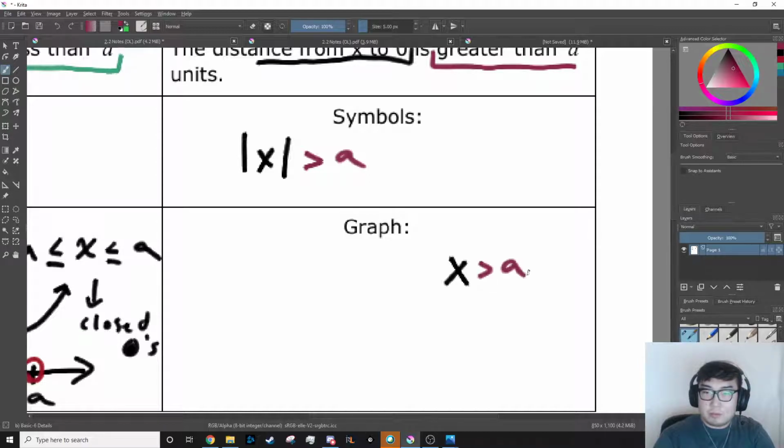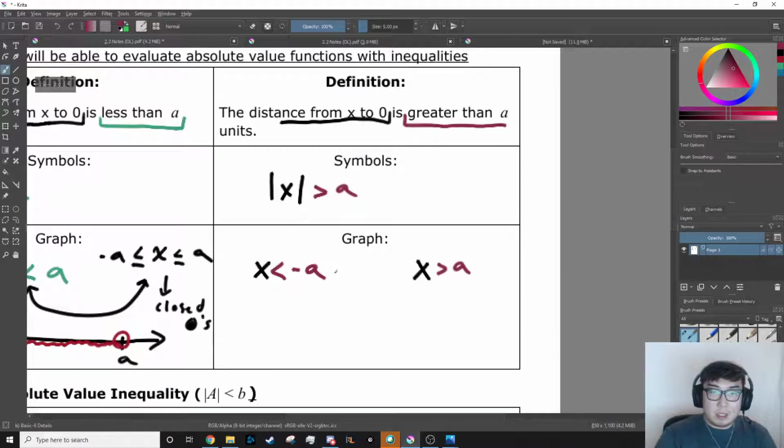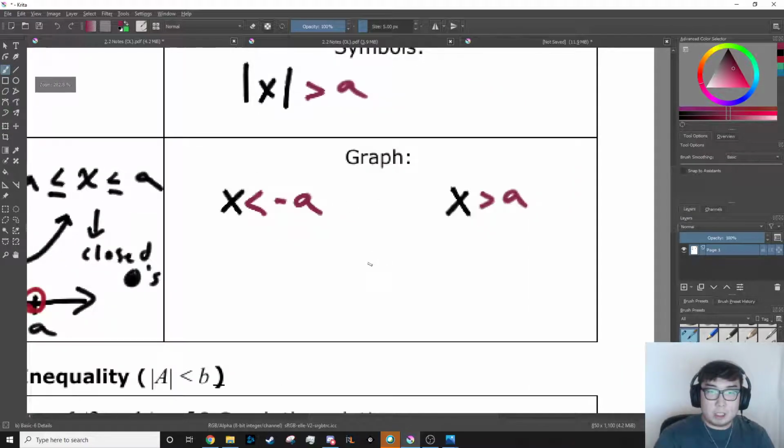That's true, because I just copied and pasted it and my absolute value is gone. But what about my negative version? We would have to actually flip the sign and make this negative a. It's going to make a lot of sense when I talk about the number line.